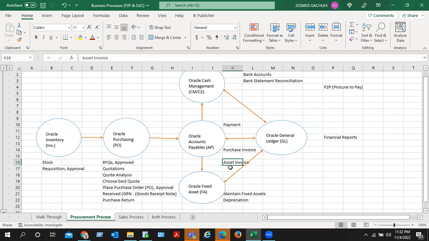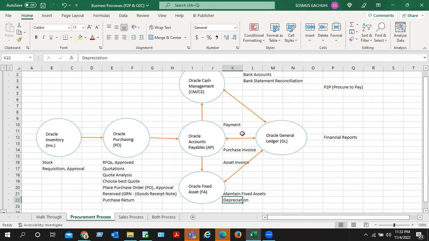For example, it could be a vehicle, a parcel of land, a new desktop for a certain office, or furniture. All these will be maintained. The Oracle Accounts Payable will have to share the information with the Oracle Fixed Asset Department, whereby the Oracle Fixed Asset Department will maintain that fixed asset information, and as time goes by, it will continue calculating depreciation.